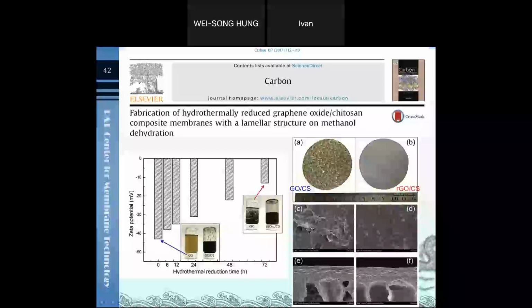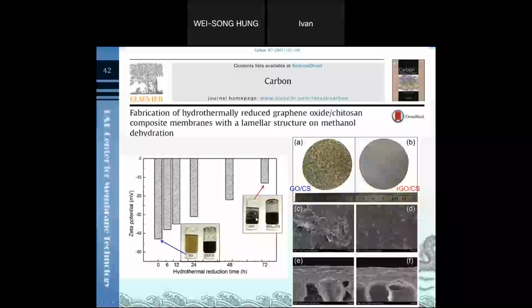To solve these problems, we prepared reduced graphene oxide membranes. With the reduced graphene oxide, the dispersion in the water is decreased.